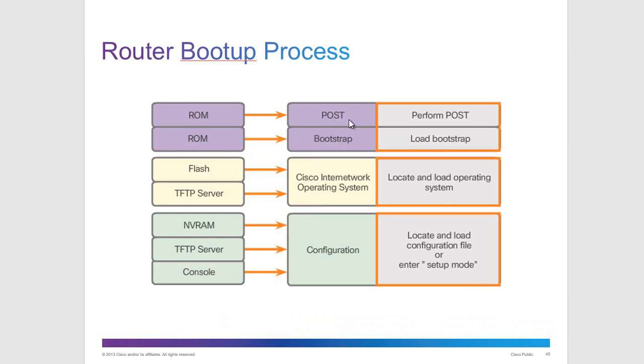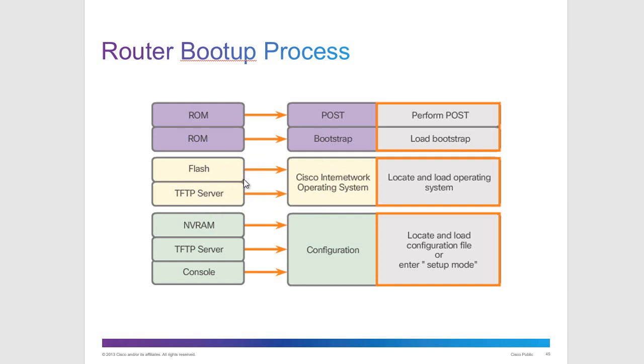So the first thing we have going on from ROM when you first boot up is a power on self-test, just like your computer would perform, making sure your hardware is functioning and ready to go. You've got your bootstrap program, whose job is to locate the Cisco IOS and load it into RAM, whether that IOS is on the flash or a TFTP server.